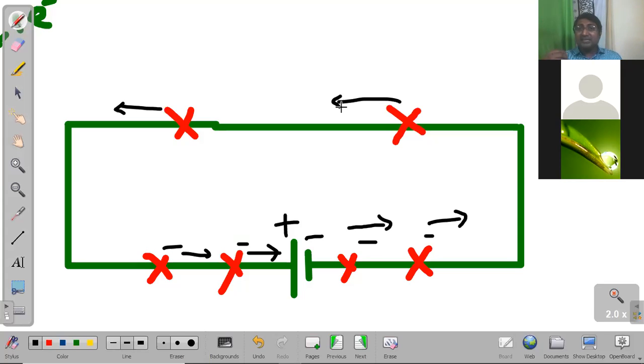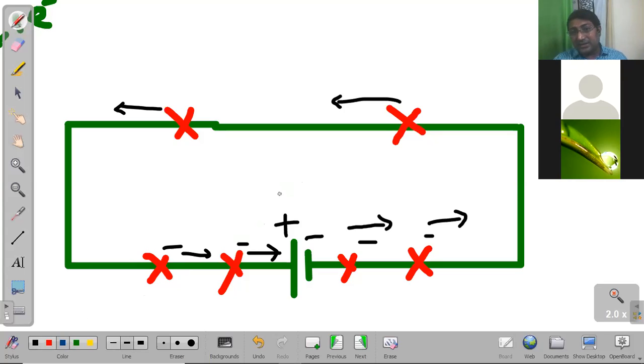Okay, please remember this. This is also called electron current. It's not the conventional current, guys. I spoke to you about two types of currents, if you remember. One is called the electron current and another one is called conventional current. Electron current means you're following the direction of the electrons, and that is from battery negative to positive. Now let me use another color, the blue color, and this is called conventional current.